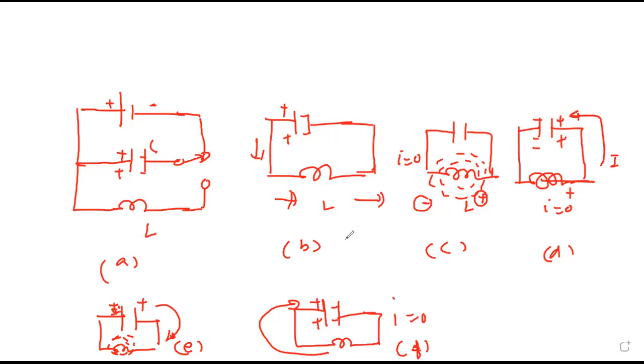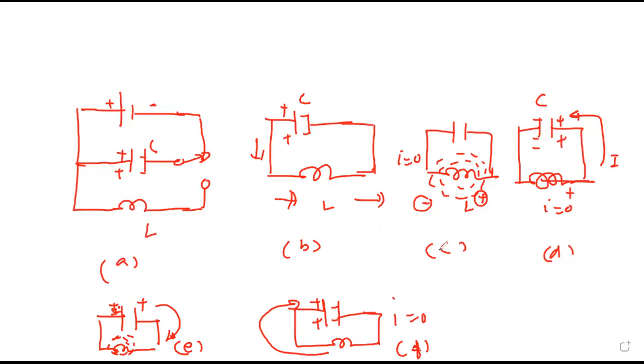खुद से भी लिख सकते अगर समझा तो. When the condenser is discharged through the inductor, then the current will go through the inductor and magnetic flux will be developed, which will oppose the current flowing through the condenser. A stage will come when current through the condenser becomes zero, charge becomes zero, as shown in figure C. Now the battery will supply the current to the opposite plate of the condenser, making it charge oppositely till current of the magnetic field becomes zero.